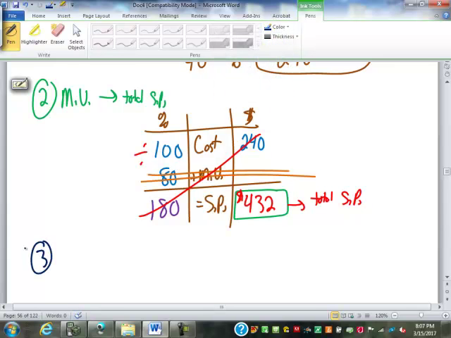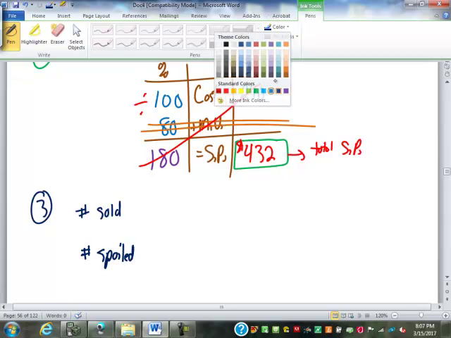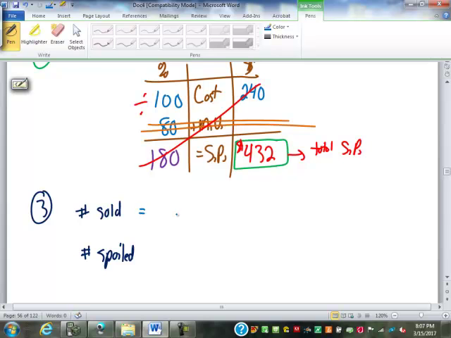Step 3, number sold, number spoiled. Out of 40 shirts, spoilage rate we said was 25%. Was it 60 shirts or 40 shirts? It was 40 shirts, sorry. 40 shirts, yes.